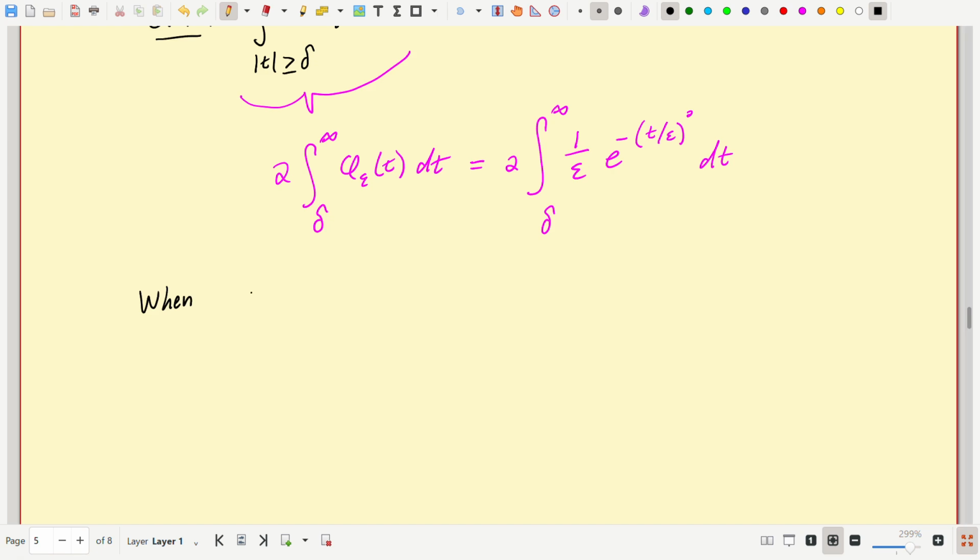When epsilon is less than delta, then e to the minus t squared over epsilon squared would be less than e to the minus t over epsilon for positive t, when t is bigger than delta.